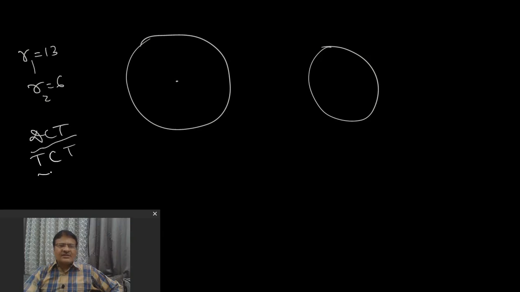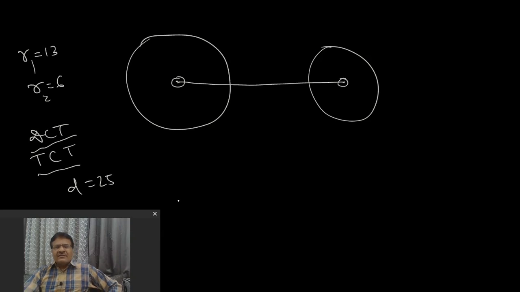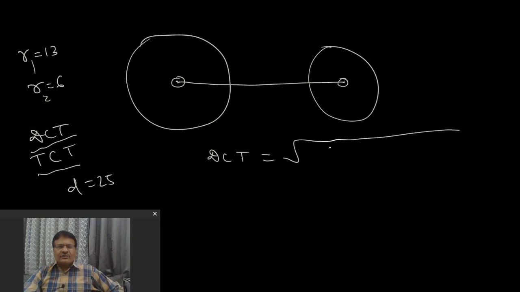These two questions are asked. One more thing is given to you, that the distance between their centers is 25. So D equal to 25. Is that clear? First I would like to calculate direct common tangent. So direct common tangent equal to, what is the formula? Square root of D square, that is 25 square, minus R1 minus R2 whole square.